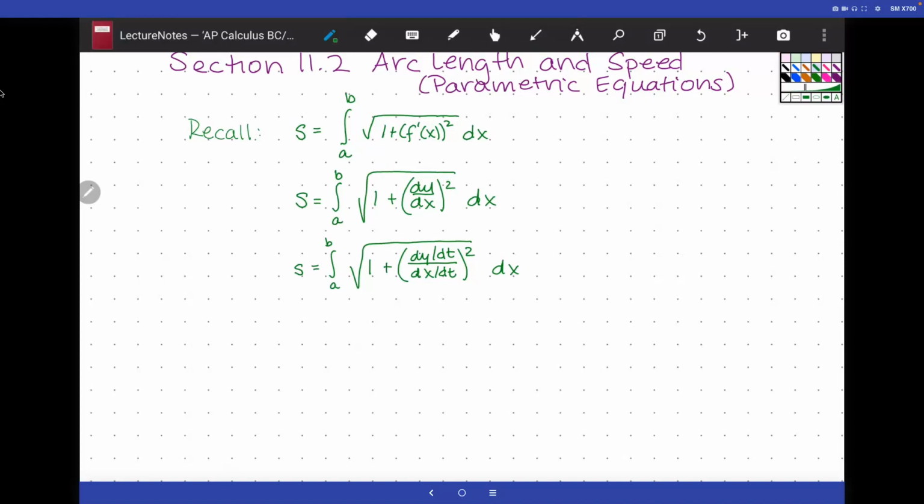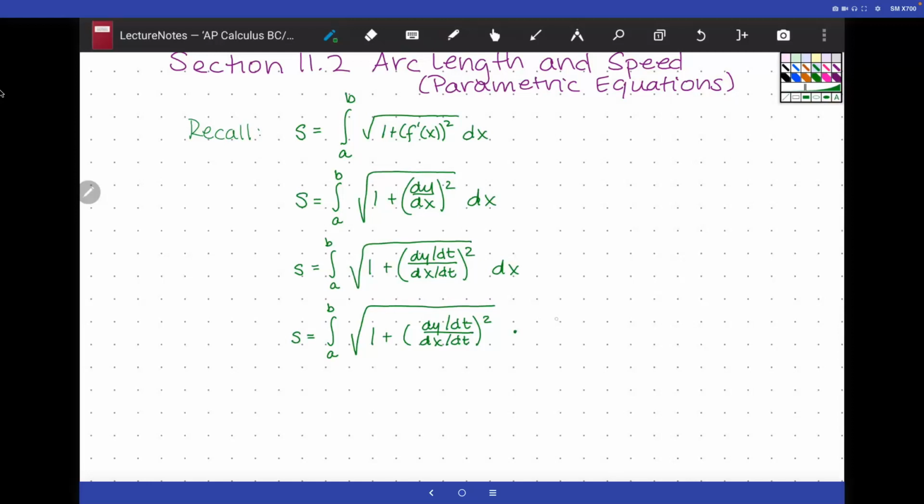All right. Anyway, now I'm going to take this and multiply by a form of 1, and it's going to look like this. So I still have this part, but now I shall multiply by 1.